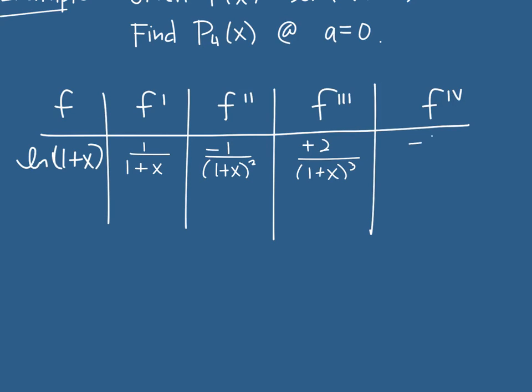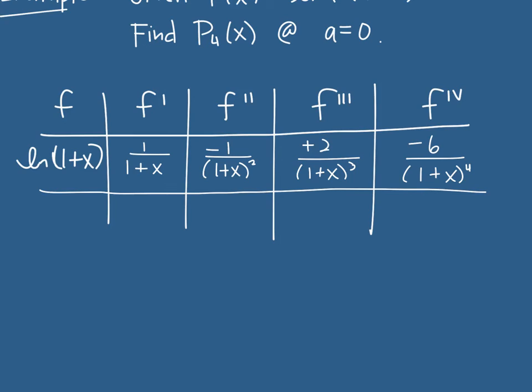And then negative 6 over 1 plus x to the fourth. It helps me for some of these to write those down and then figure out. Now I'm going to plug 0 into all of those to get my values.